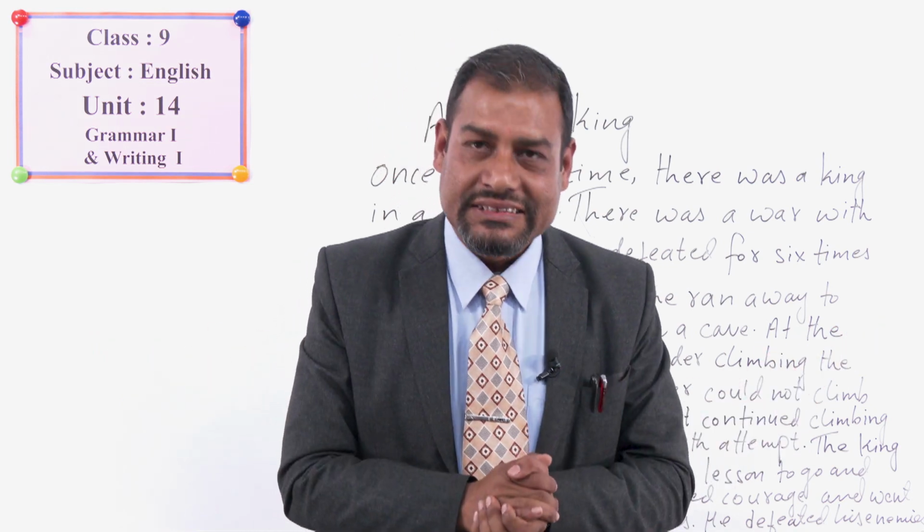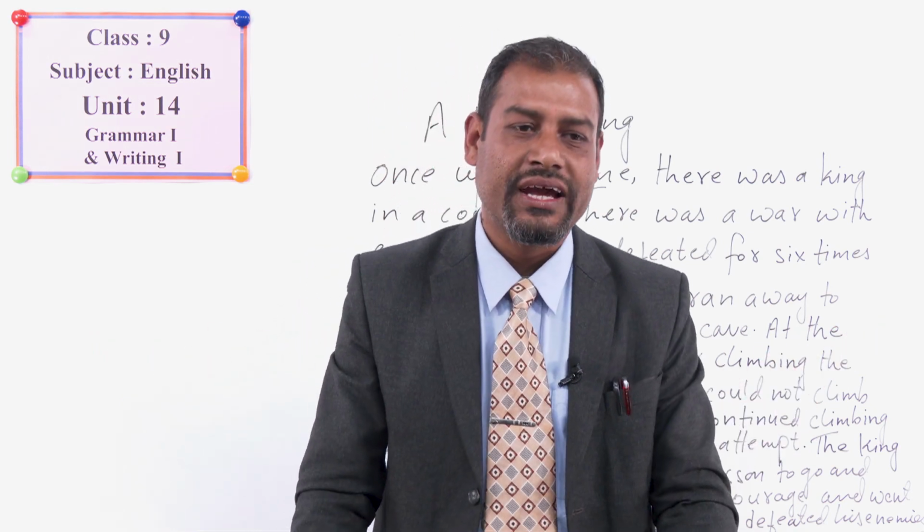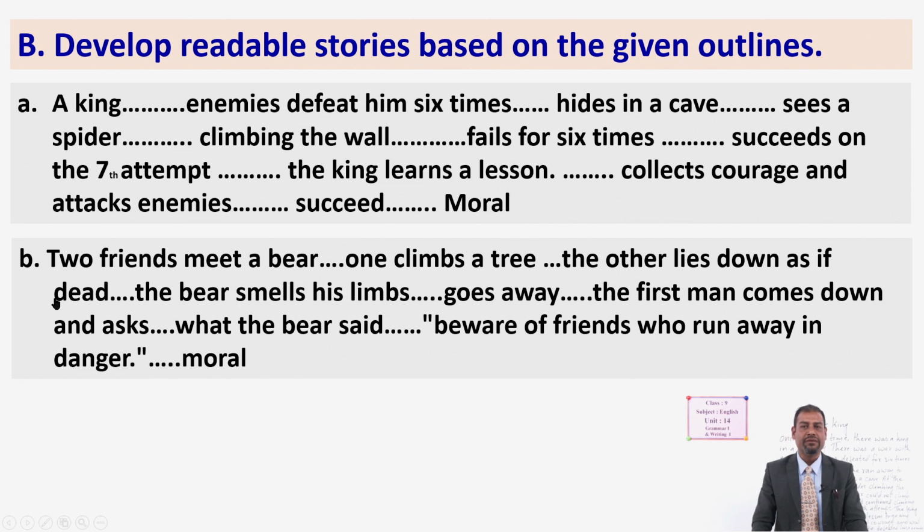Okay, fine. Dear students, now we have another outline here, and based on this outline you have to develop a story, and the outlines are: two friends meet a bear, one climbs a tree, the other lies down as if dead, the bear smells his limbs, goes away, the first man comes down and asks, what the bear said, beware of friends who run away in danger, moral.